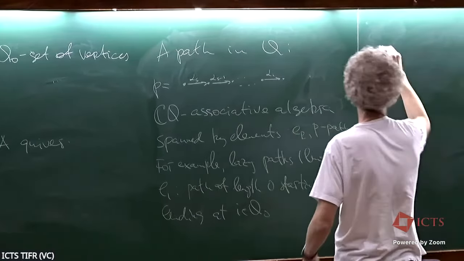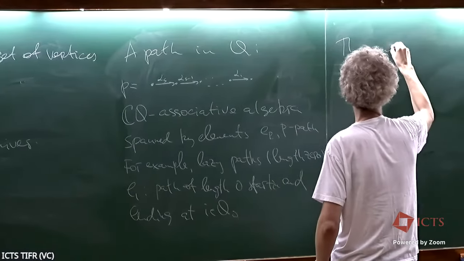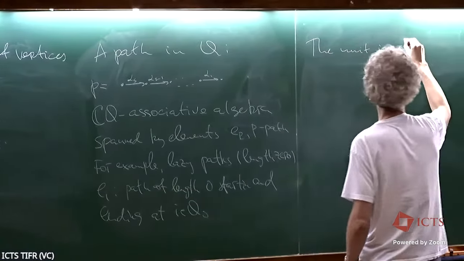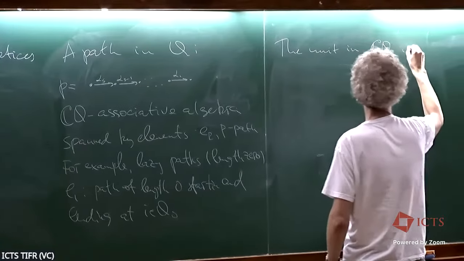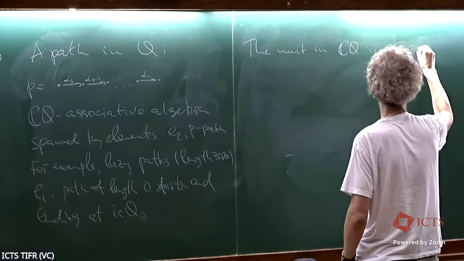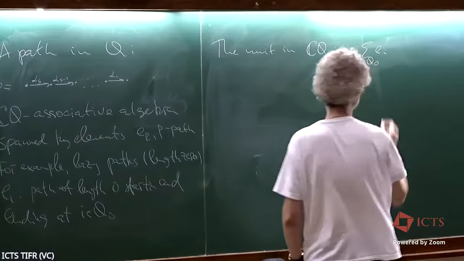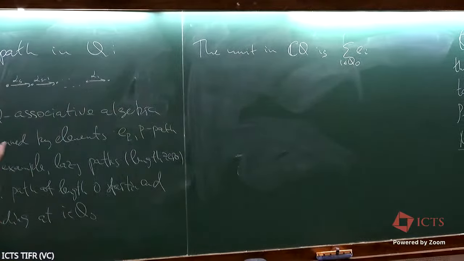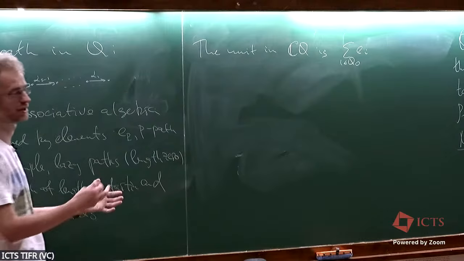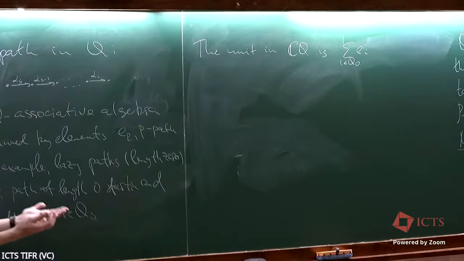The unit in PQ is the sum of EI over I from Q0. You can easily see this, because if you take any path and multiply by this unit, you get exactly the same path. It depends on which side you multiply, but there is only a single lazy path that works for that.